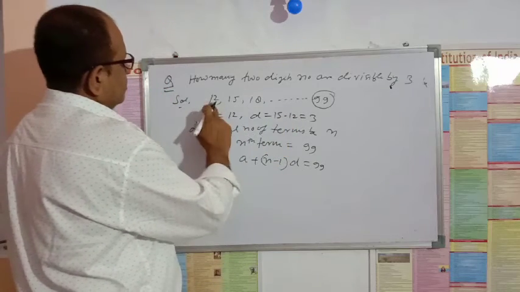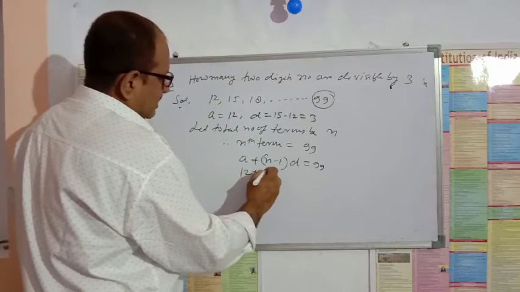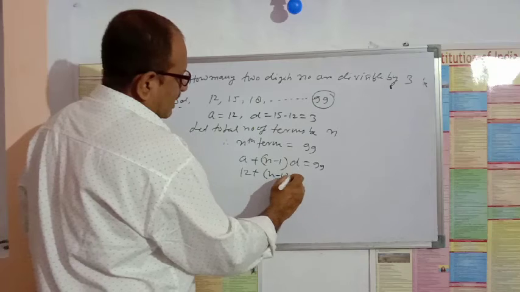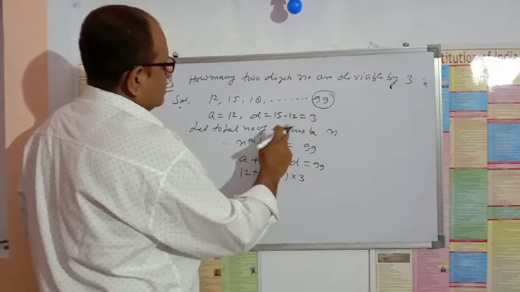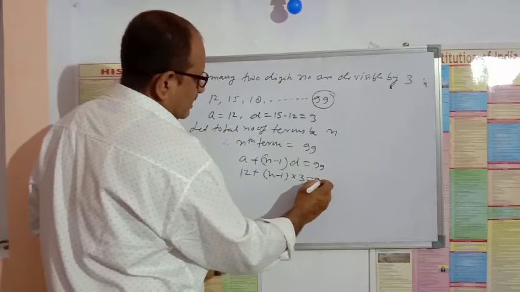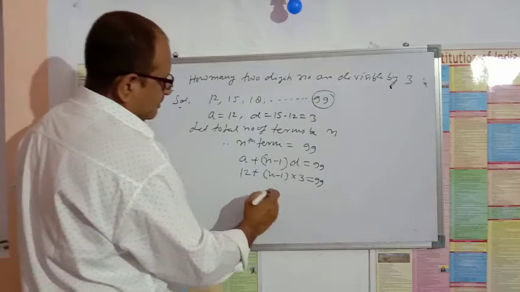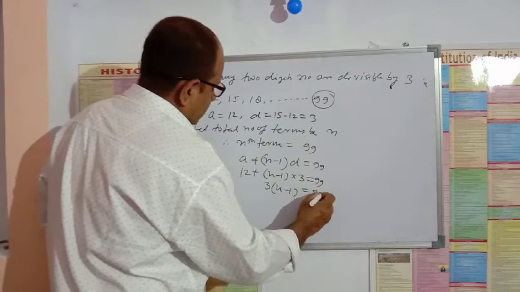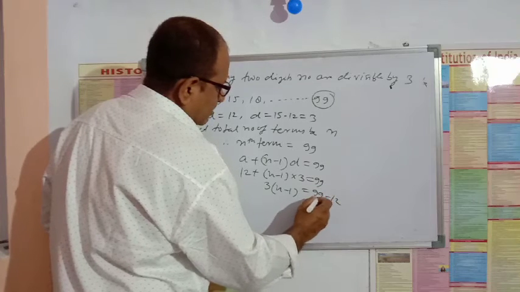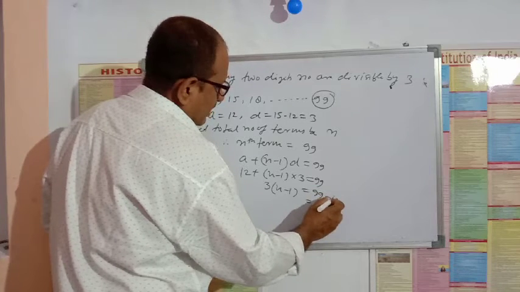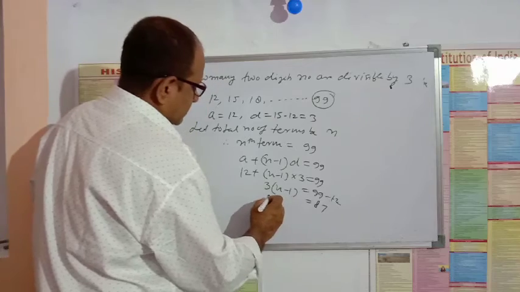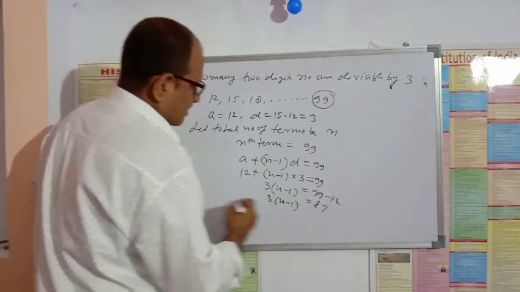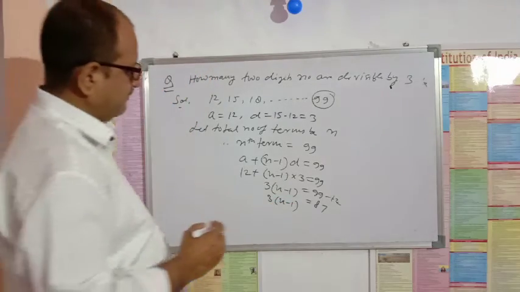99 equals A, which is 12, plus n minus 1, and D is 3. Transpose 12: 3 into n minus 1 equals 99 minus 12, which is 87. So 3 into n minus 1 is equal to 87.